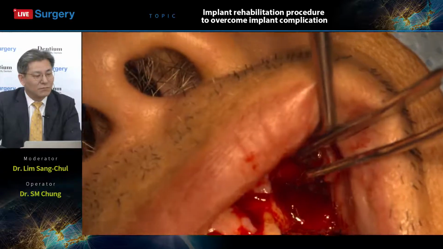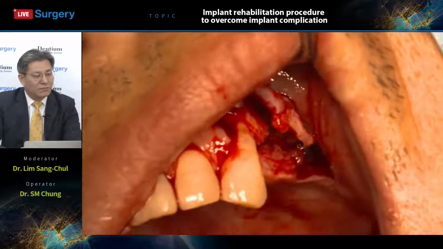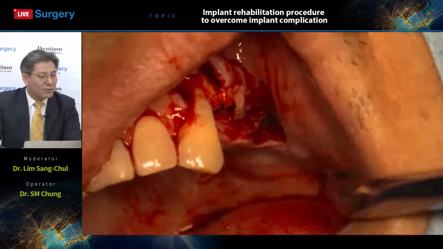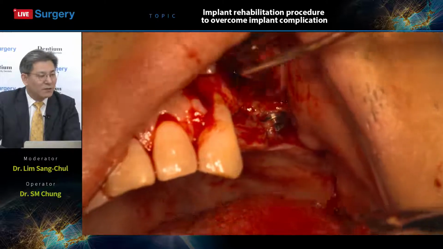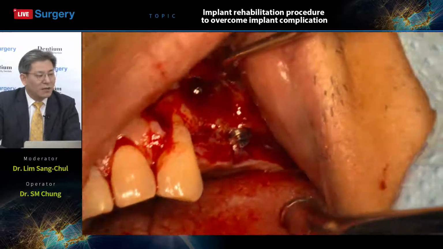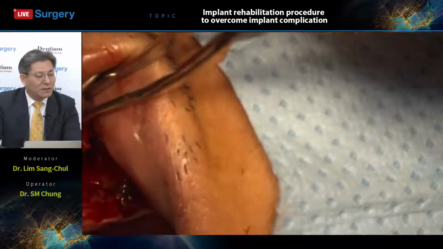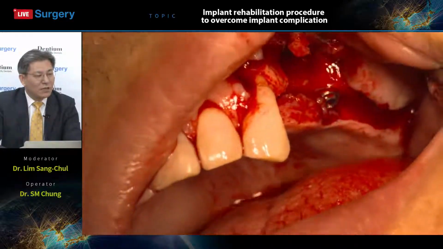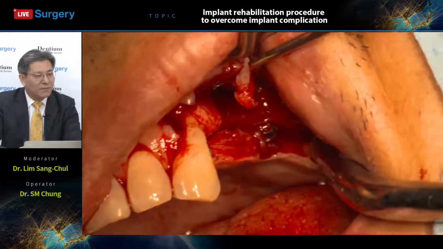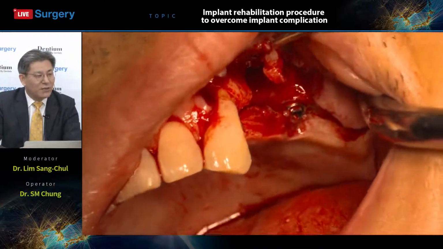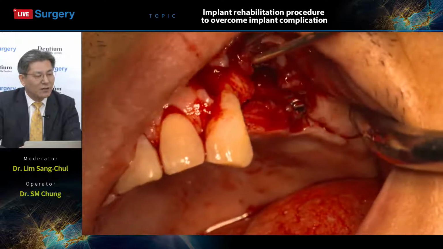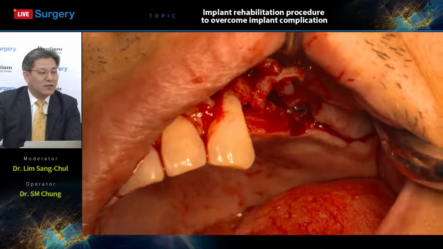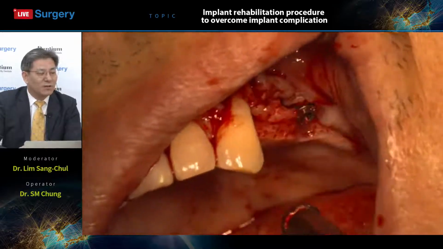Okay, now he is using the tissue level implant, the NTI type. This tissue level implant is stronger than a bone level implant of the same size. It means the same as a 4.0 diameter. For example, the NTI tissue level implant is stronger than the bone level implant.